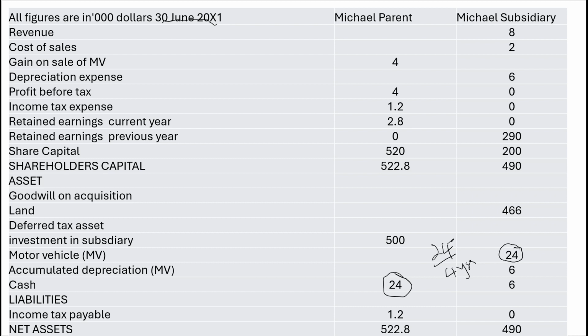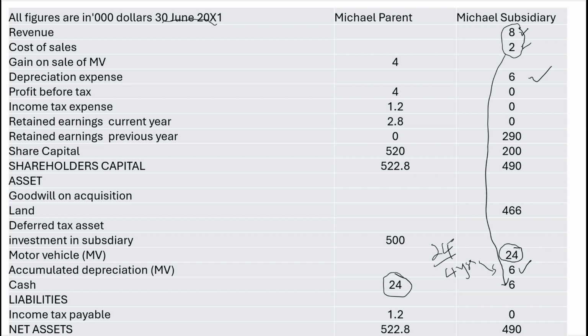for Michael's subsidiary. Therefore, accumulated depreciation is 6,000 and the depreciation expense for the year is 6,000. So Michael was operating the business, made revenue of 8,000 and cost of sales of 2,000, and the net amount of cash is 6,000, which is shown in the cash account.